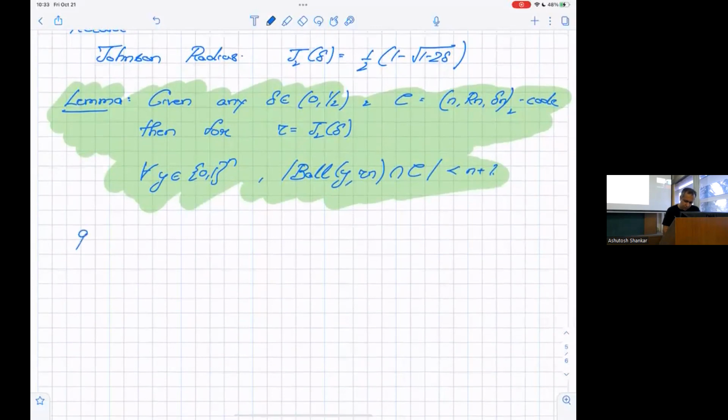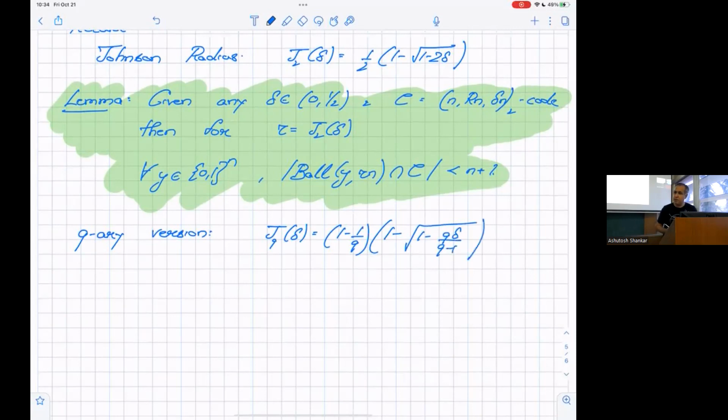There is also a q-ary version, JQ delta, where the half gets replaced by 1 minus 1 over q, and 1 minus the square root of 1 minus q delta over q minus 1. That's the q-ary analog of the Johnson radius.